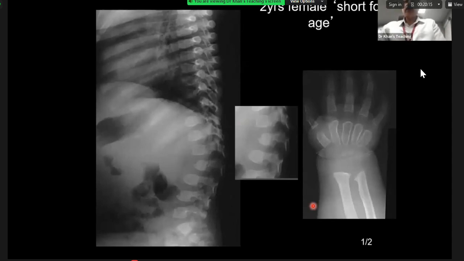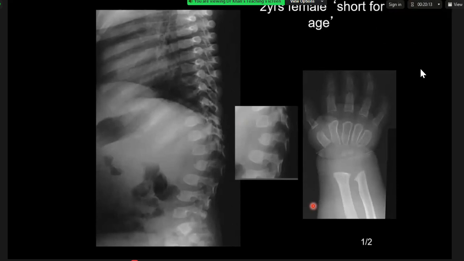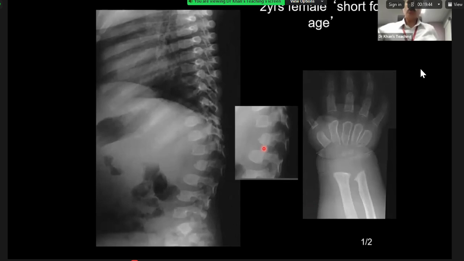Is there a pattern to that which can help? So the metacarpals are a little bit elongated and widened. They're just shaped a bit abnormally.